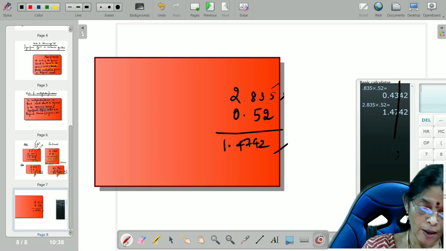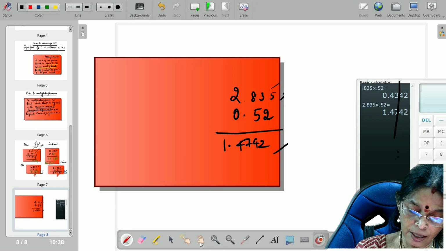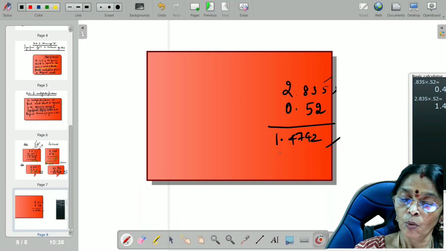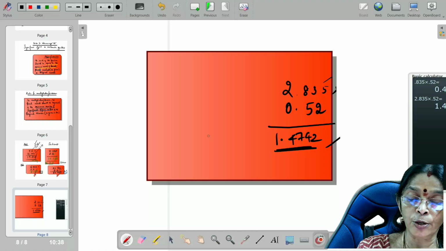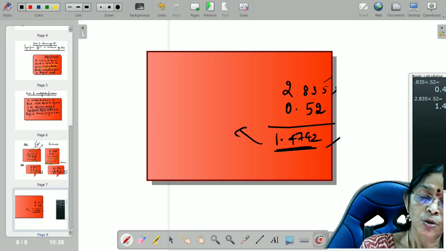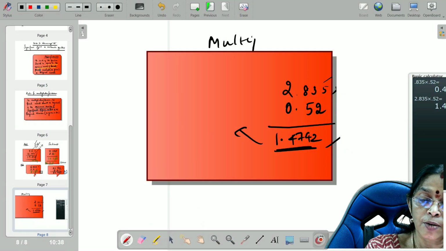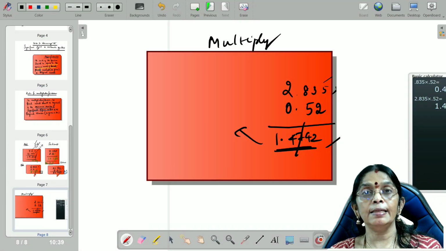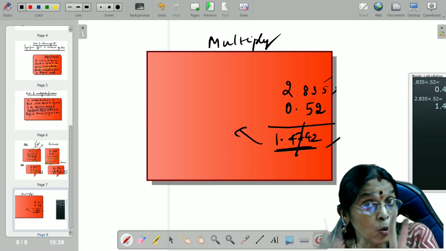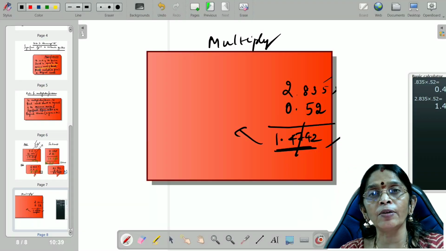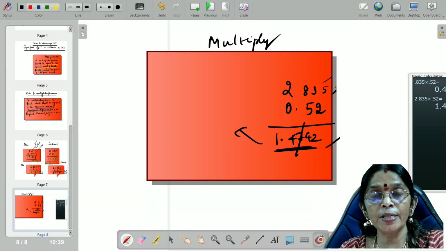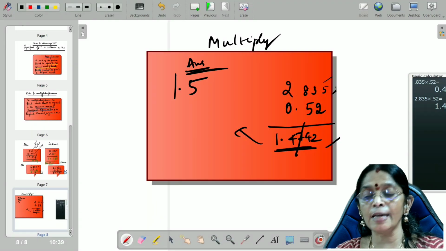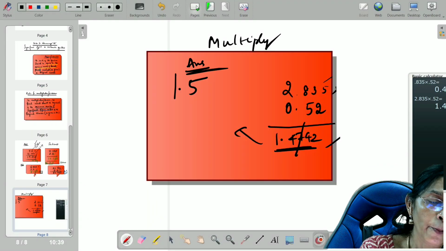Now correct to 2 significant figures, the digit to be dropped is 7. The digit to be dropped is 7, which is greater than 5. So preceding digit is increased by 1. So 1.5 is the answer. Hope you understand, children. So we'll go to the next page.